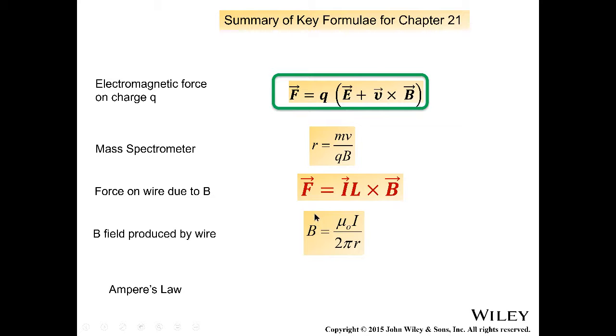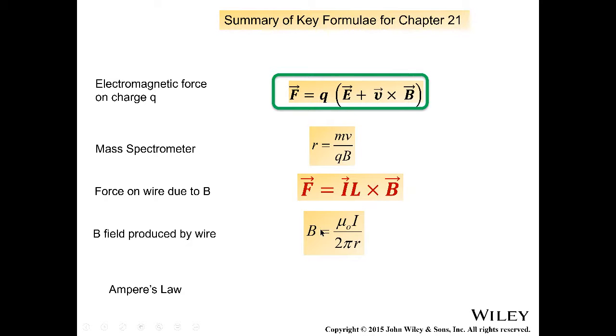When a wire already has its own current I due to your battery, namely the electrons moving inside, will it produce a magnetic field? Well, that's where they discovered, oh yes, and that's Ampere's law.